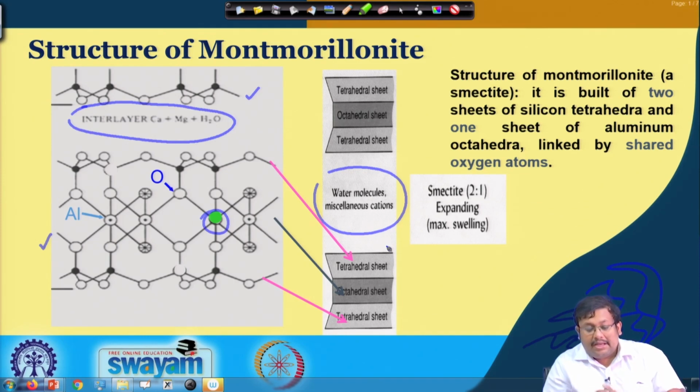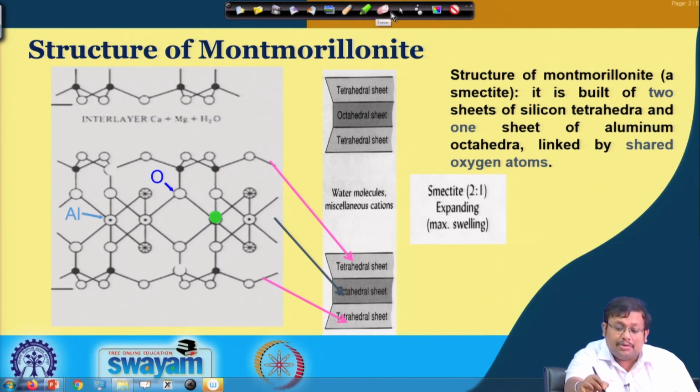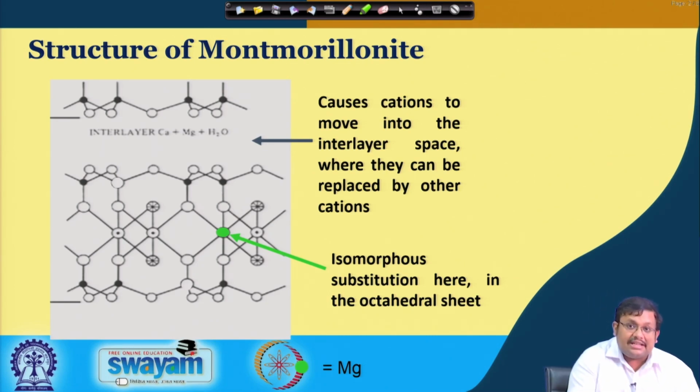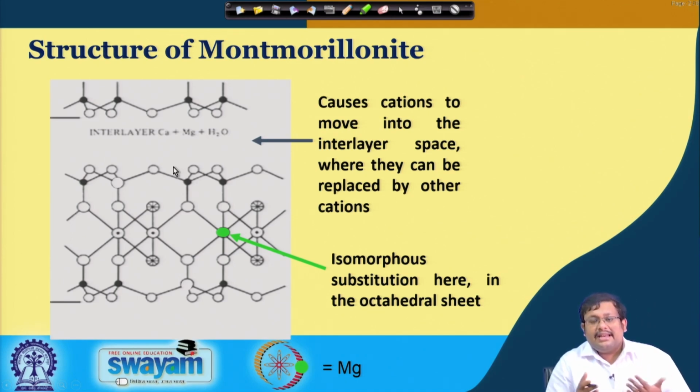Okay, I hope this is now clear to you. If we move ahead and see what is the reason behind that. As I told you in the last slide, isomorphous substitution occurs in the octahedral sheet, negative charge develops, and when the negative charge develops on the surface of these layers, there is always a natural repulsion between the negative charges when the two layers come very close, because similar charges repel each other.